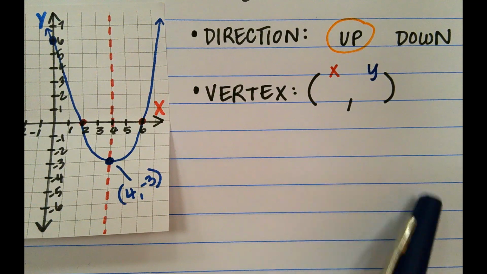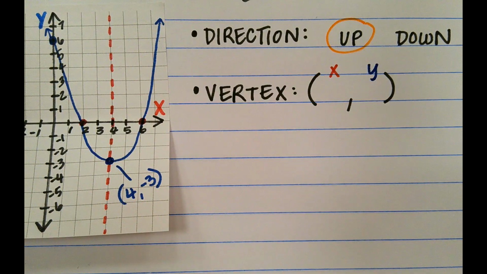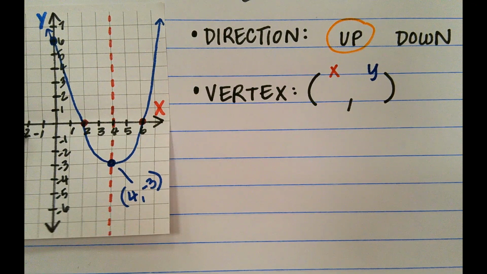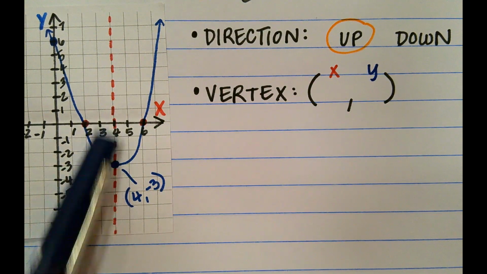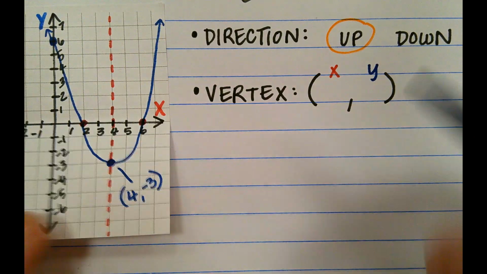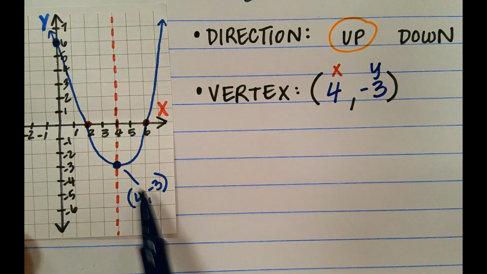Does anybody have a guess or maybe know what the vertex of this graph might be? 4, -3. Yes, the vertex is 4, -3. If it's facing up, it'll be the lowest point on the graph. If it's facing down, that vertex will be the highest point on the graph. In this case, it's the lowest point. So 4, -3. That's my vertex.